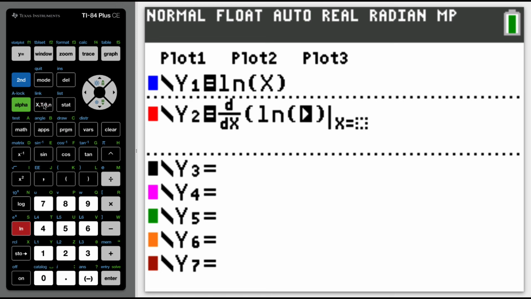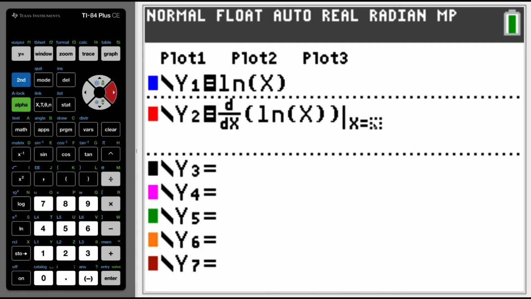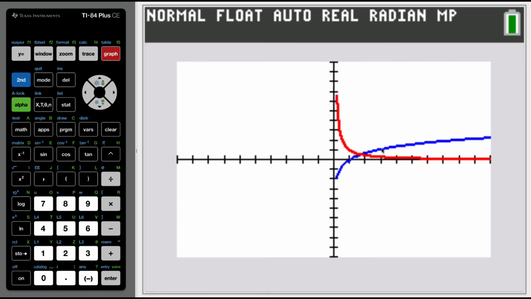So I'm still doing the natural log of x, but I'm not looking at a specific x value here. So I'm just going to put x in there. So then when it picks x values to plug into the function, it's going to change each time depending on what that x value is. So then if I hit graph, my blue line is that natural log graph, and this red line is the derivative of the natural log.